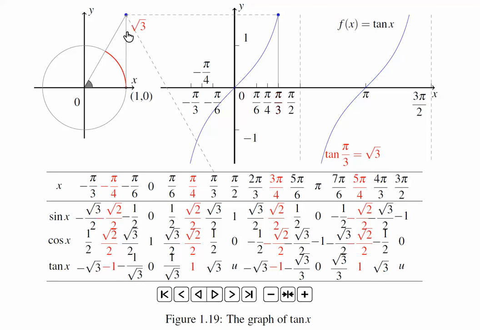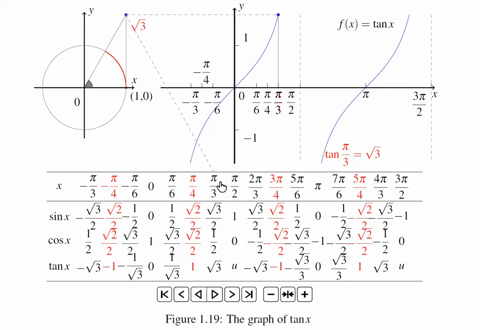That's why we call this the tangent line. So when x is pi over 3, we have a value y this high.